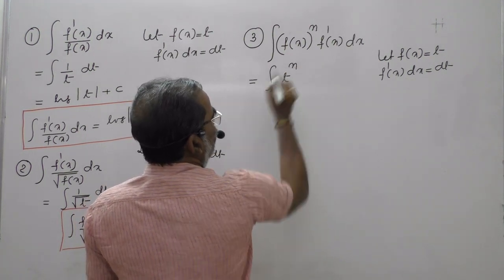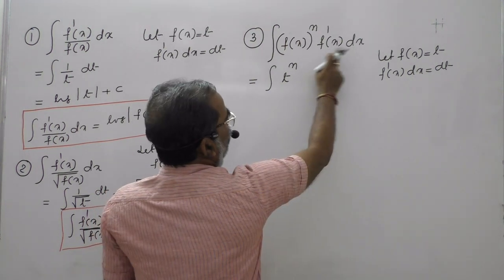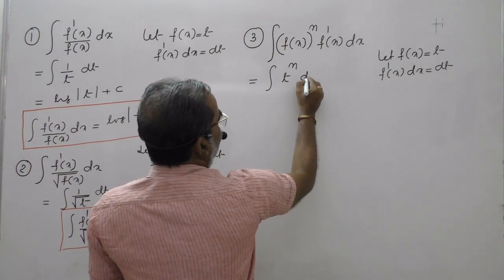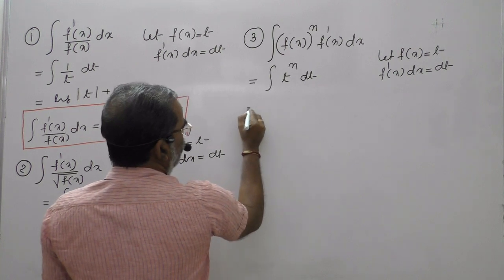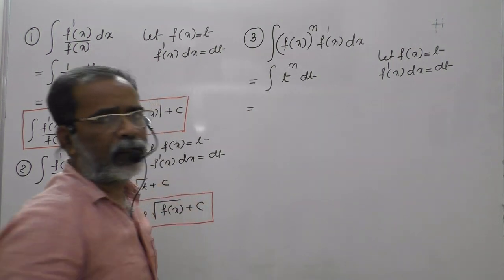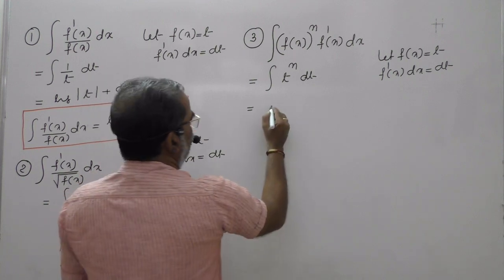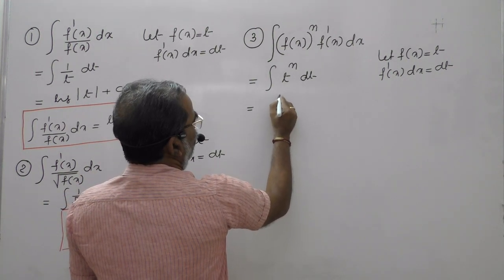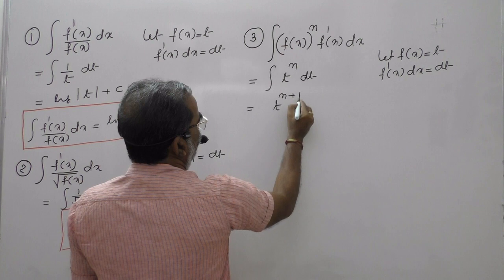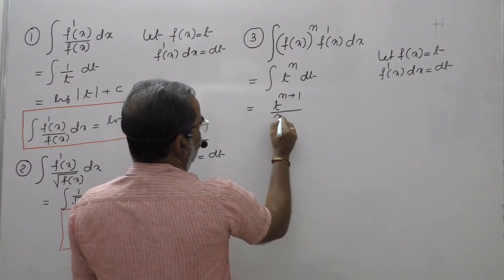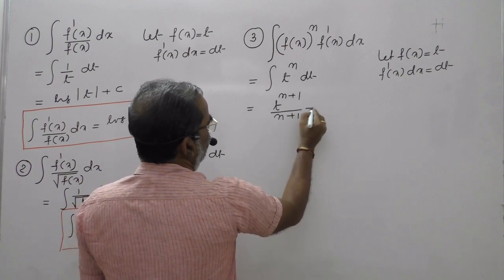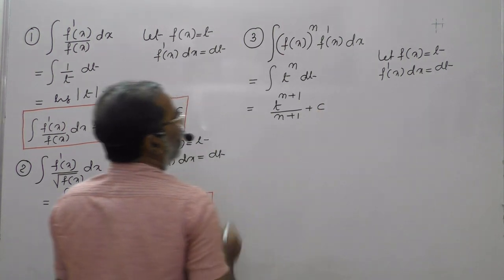Therefore it is t^n, and f'(x) dx becomes dt. What is this now? It is a simple integrand, x^n. The formula for the integral of x^n is x^(n+1)/(n+1) + c.